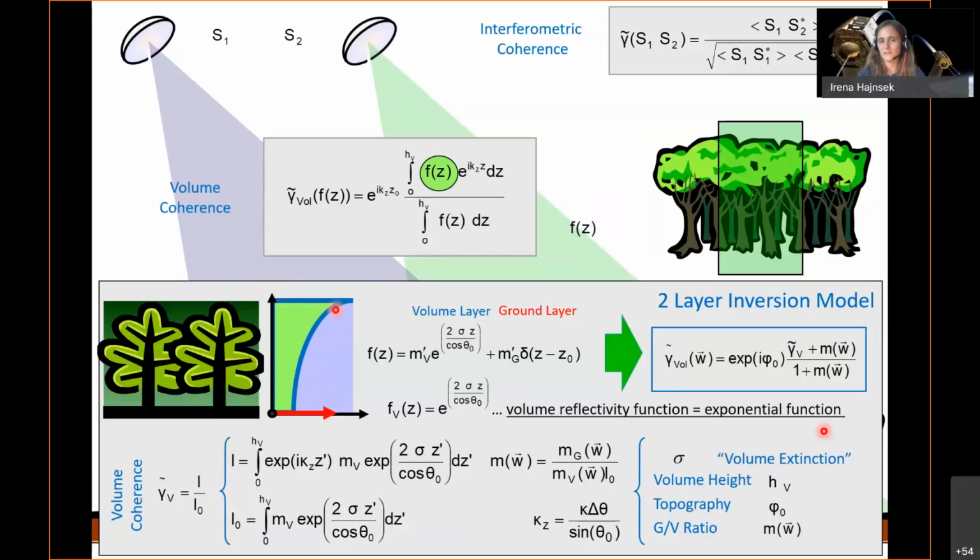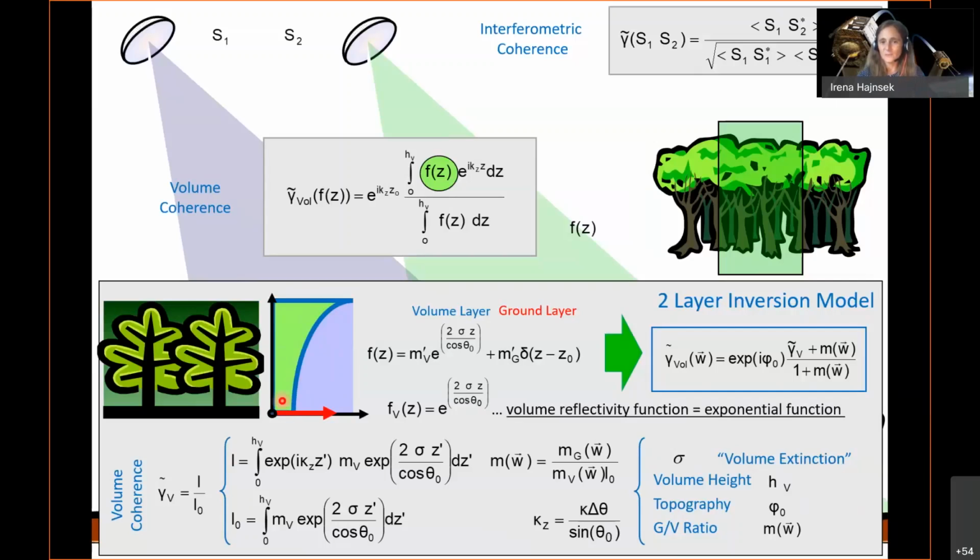Therefore, you see this decay here is an exponential decay, which means that we are assuming more contribution at the top of the canopy layer. Then f of z is reduced in terms of height, and it is getting lower on the ground floor, but still we have contribution from the volume.